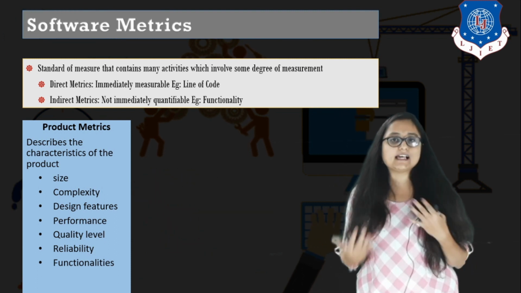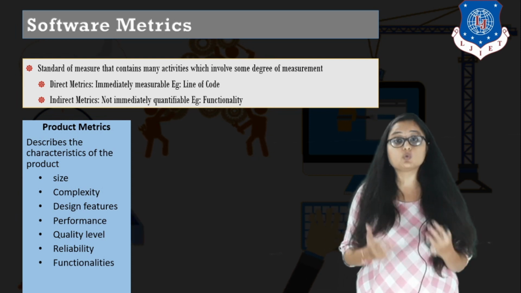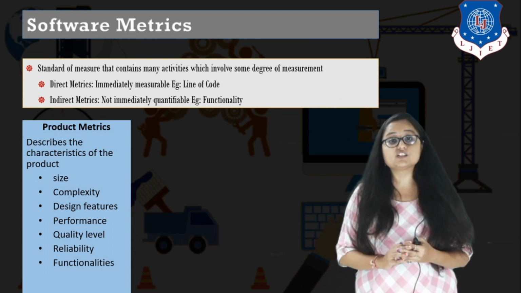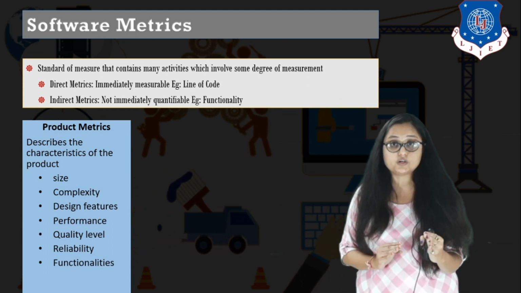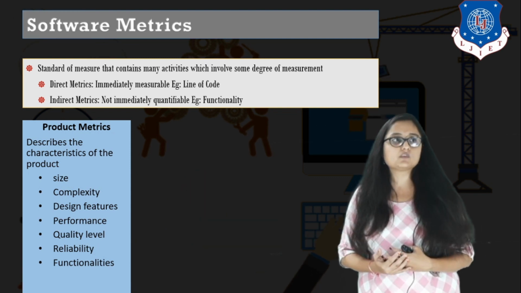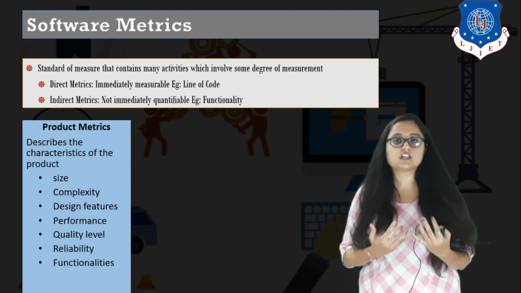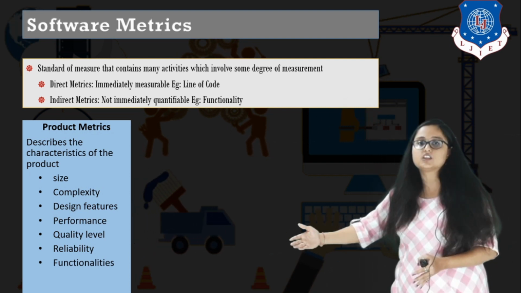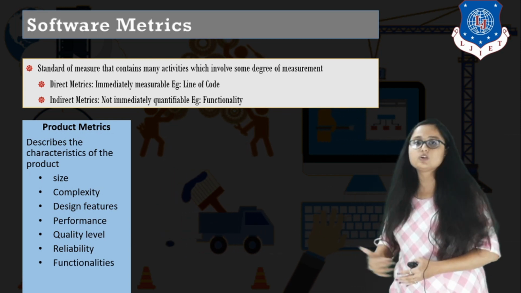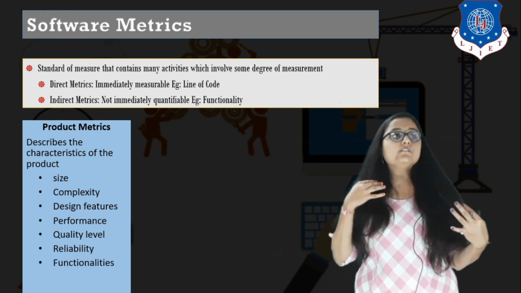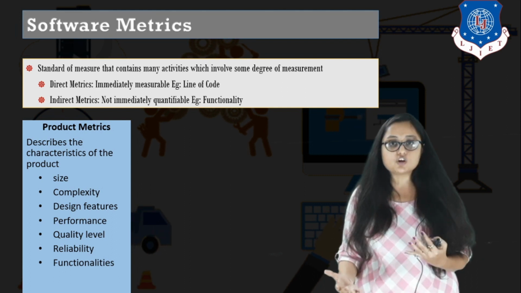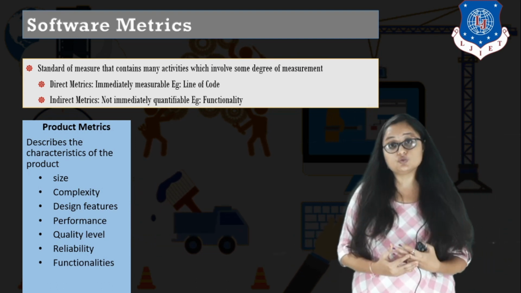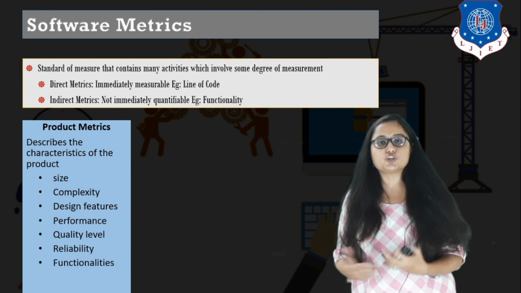For example, what is the size of the product, what is the complexity of the product, what are the different or distinguished design features you are going to implement in this particular product, what is the performance of the product, whether it is working fast, whether it is working slow, what is the quality level of the product in comparison with similar products in the market, how reliable is your product, it means whether there are any bugs or errors after deployment or not, what are the different functionalities of this particular product in comparison again with the similar products in your market, right?